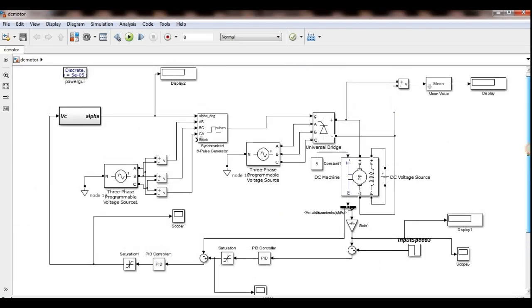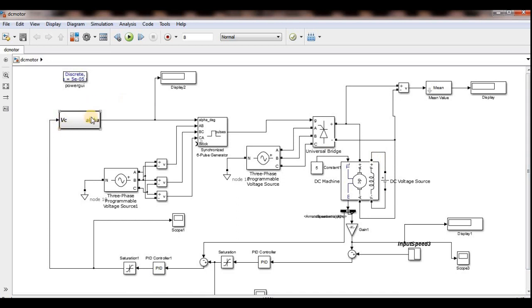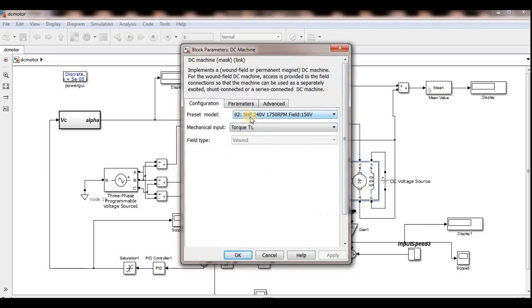See, here I already explained alpha and VC, the relation between alpha and VC, and the same kind of controller. The only thing is here I added the DC machine, the separately excited DC machine, and I took a 5 HP, 240 volts, 1750 RPM machine.